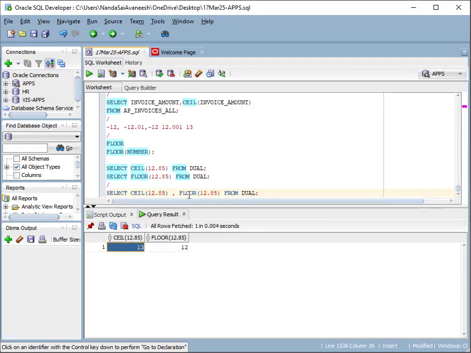Floor means the next lowest value. If you see this difference, floor of 12.85 is coming as 12 only. Floor means it is decreasing the value here. Ceil means increasing to the next highest value.